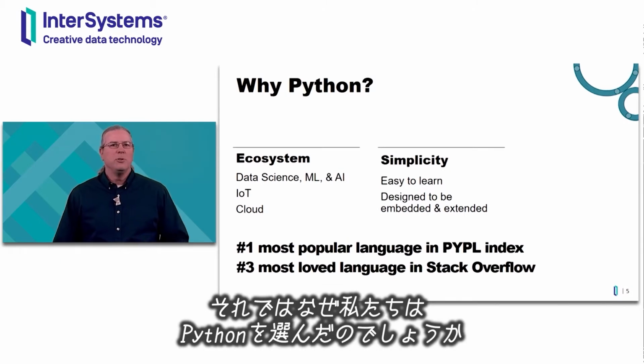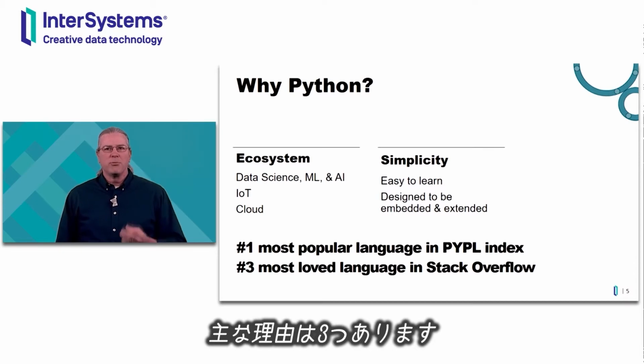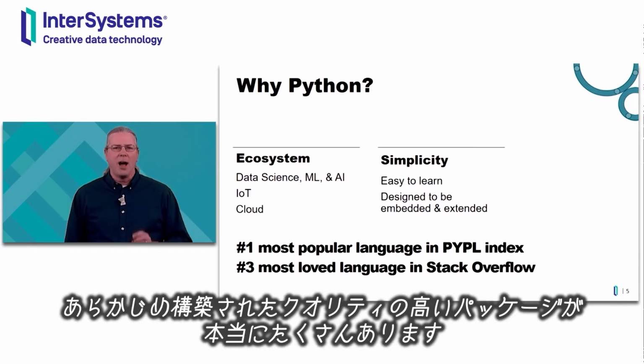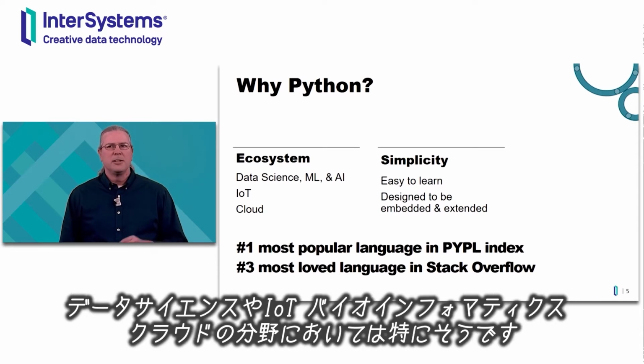So why did we choose Python? We chose Python really for three main reasons. There's the ecosystem, first and foremost. There are thousands and thousands of high-quality packages pre-built and available today, especially in areas like data science, IoT, bioinformatics, the cloud.